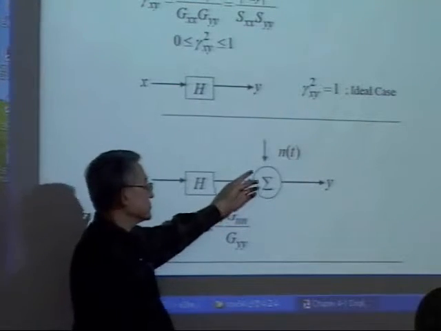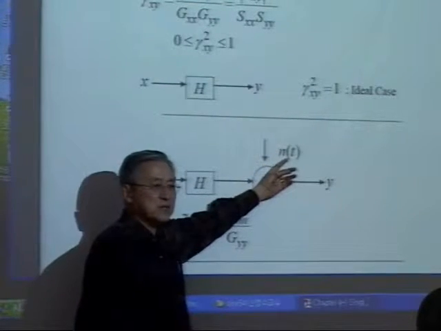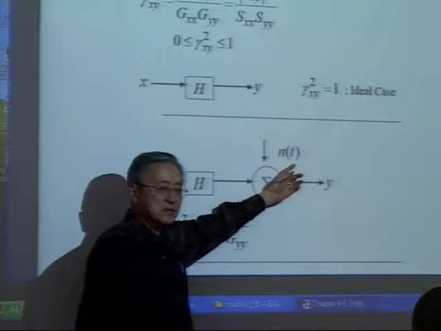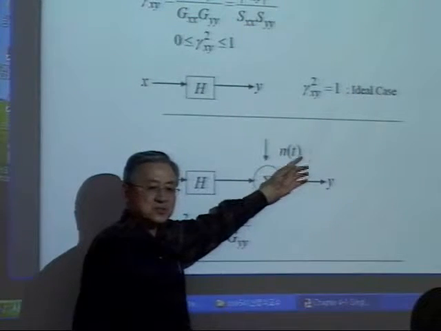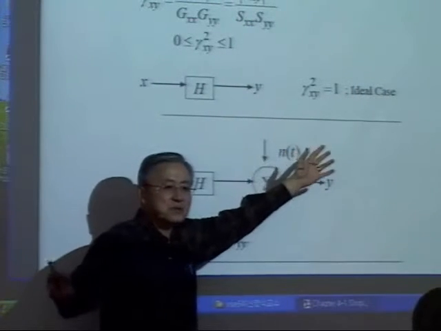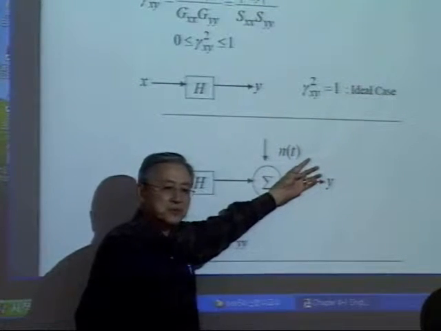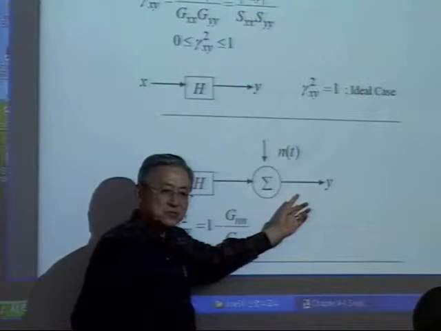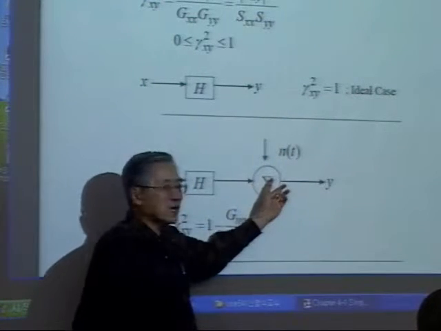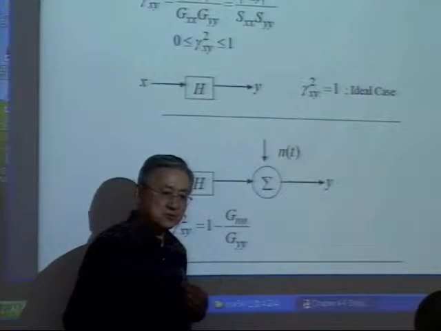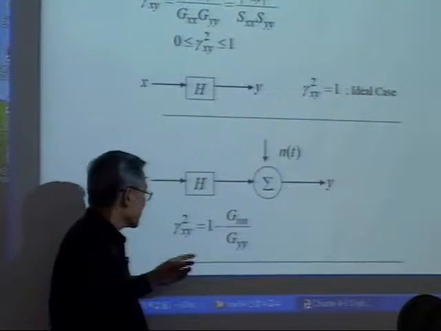And we learned for the case N is extraneous, which means coming from the third world. So uncorrelated, independent noise is coming into the system. Or this could be an electronic noise in the transducer, vice versa.